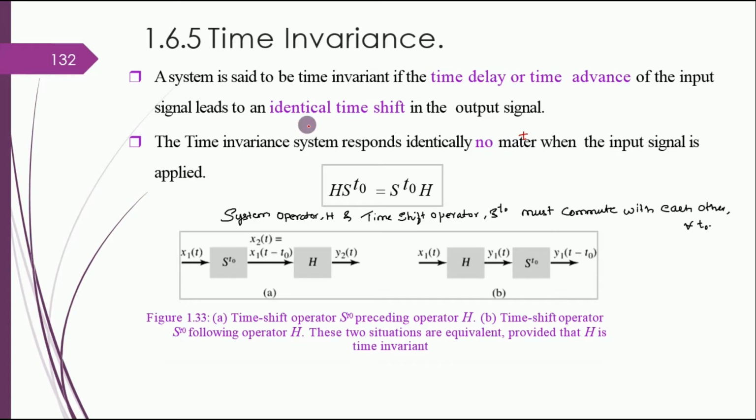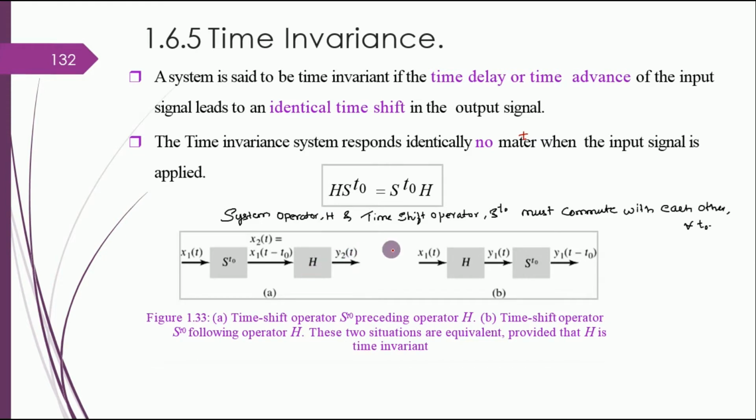And here we write the time invariance, representing a time delay or time advance, with the time shifting property. S raised to T naught is nothing but, based on T naught, either time will be delayed or time will be advanced. It is dependent on S raised to T naught. It's a shifting operator, H being the system operator. So I apply the time shift and then I apply it to the system.